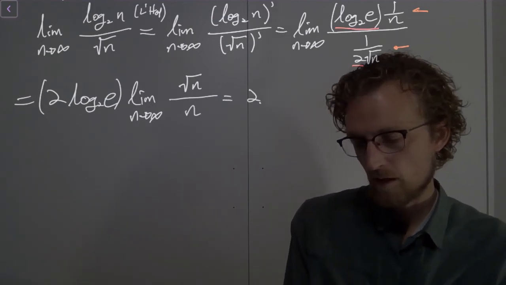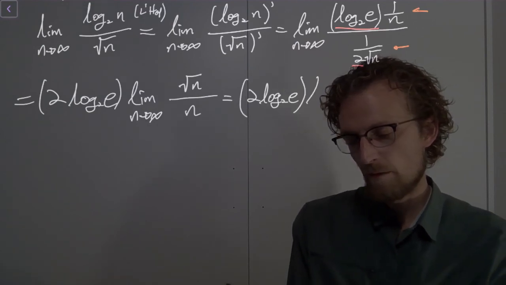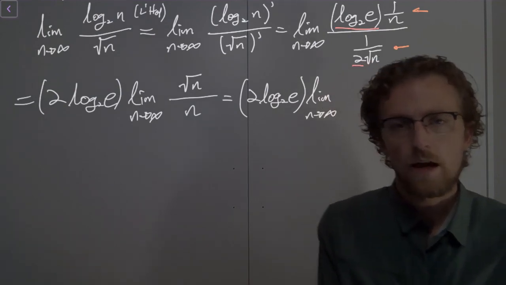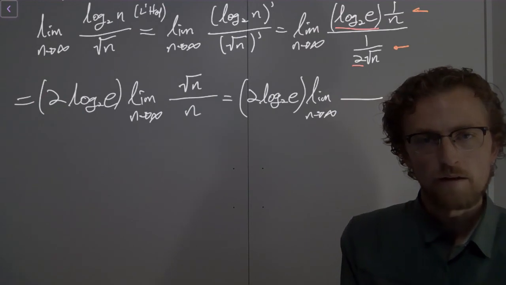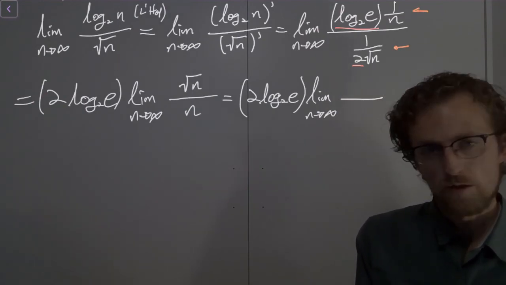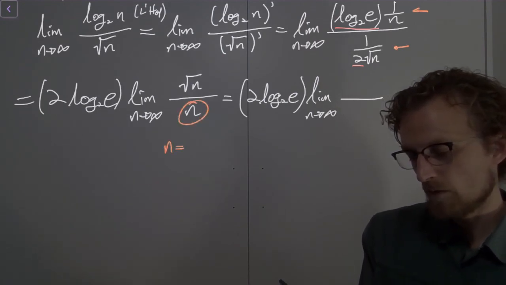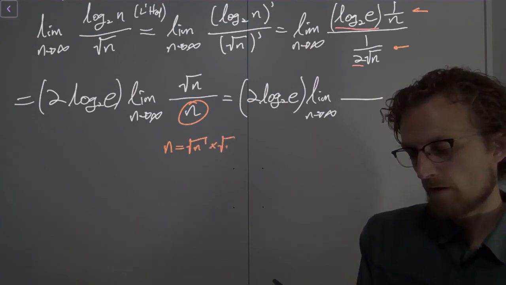We still have this silly constant out front, log 2 of e times the limit as n approaches infinity. And now how does this thing evaluate? Well, the square root of n divided by n is equal to 1 divided by the square root of n, right? So you can think of n as equal to the square root of n times the square root of n, right?